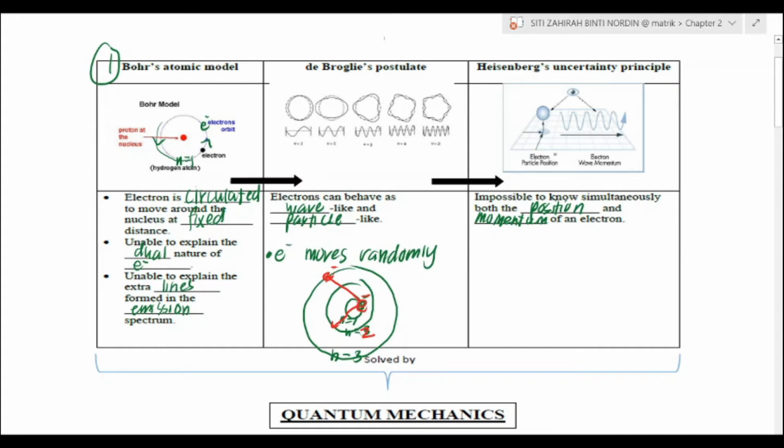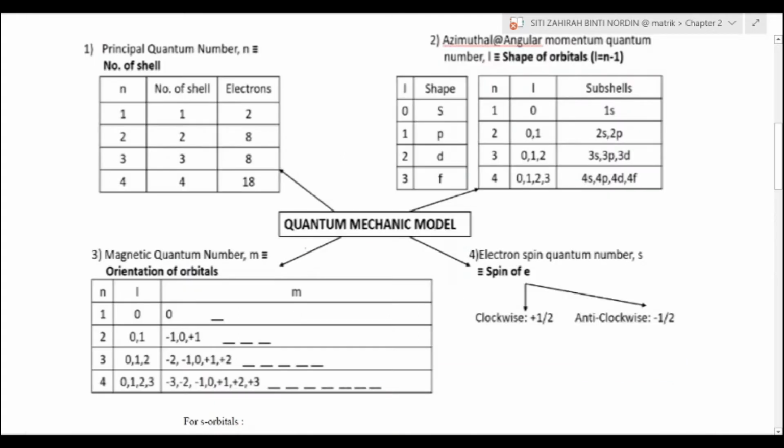All these problems were later solved by quantum mechanics, or the quantum mechanical model. So that's how we're going to move on to 2.2. For the quantum mechanical model, there are 4 quantum numbers. The first one is the principal quantum number, with symbol n, which is your number of shell.